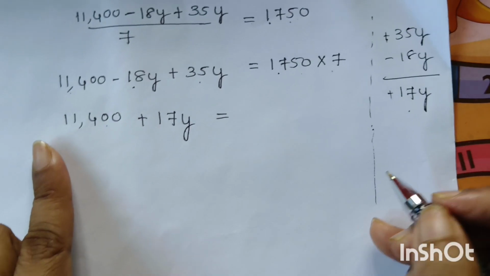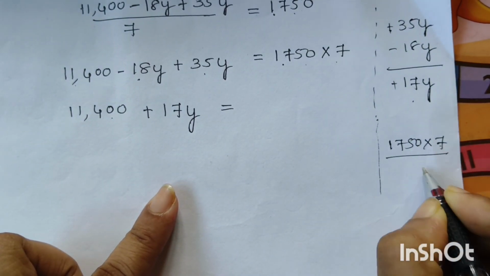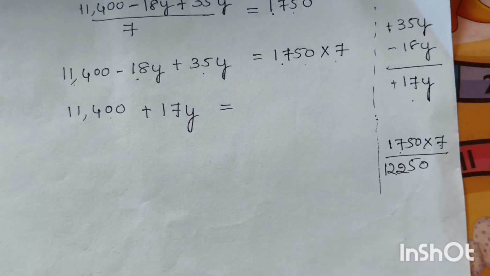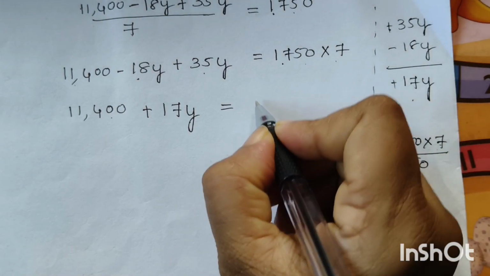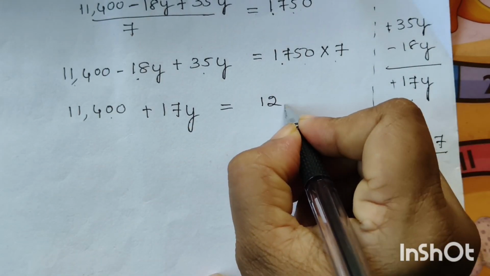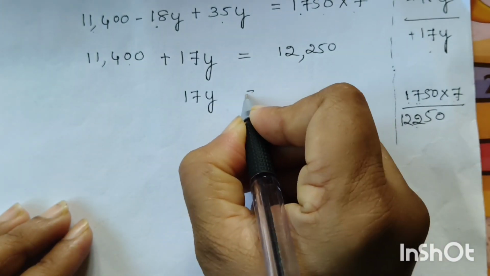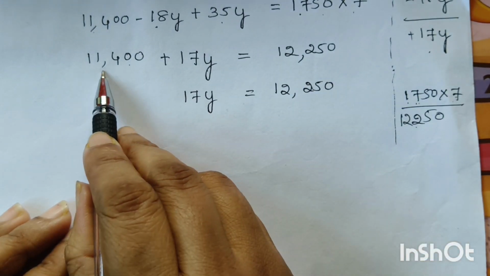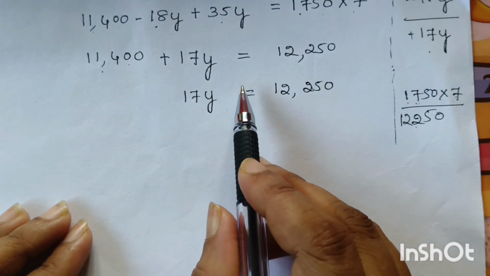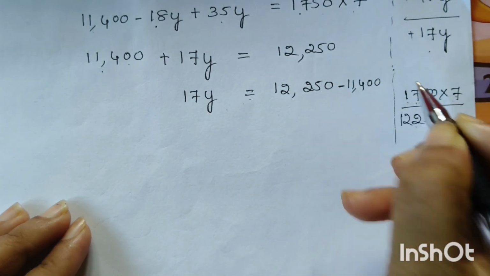Let us do the calculation here. 1750 into 7 is 12,250. 17y is equal to 12,250. This plus 11,400, when it crosses the equal to sign, will become minus 11,400.